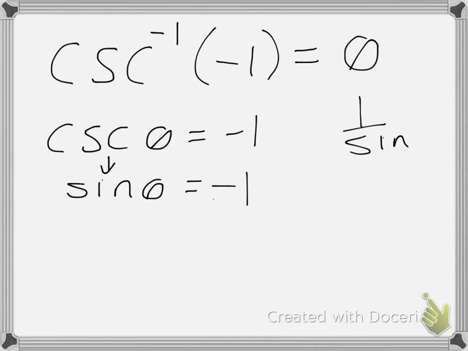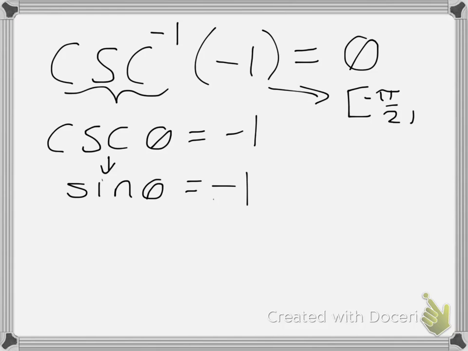Now before we get too far, we want to remember that since we are originally dealing with cosecant, we have to consider the domain that this is defined upon. And that's going to be from -pi/2 to pi/2. This is going to help us find the quadrant that we're in.